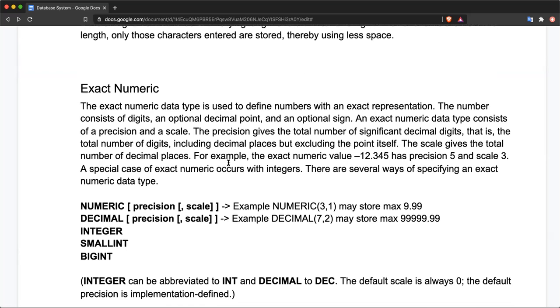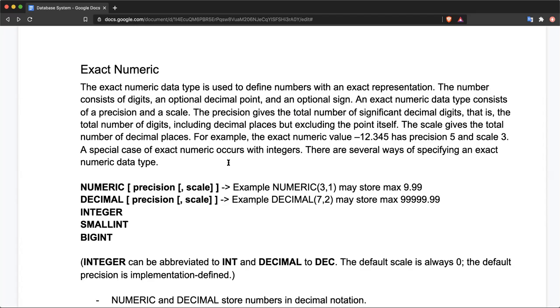Then there is exact numeric. What exact numeric means is that an exact representation of the number is possible. So there are 3 parts to the number, 1 is mandatory and 2 are optional.